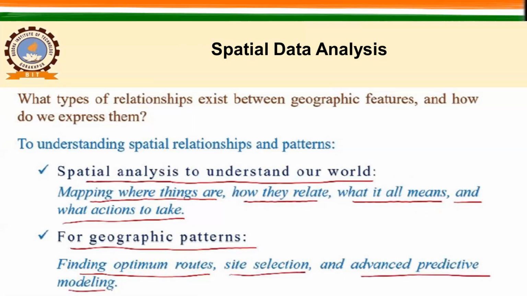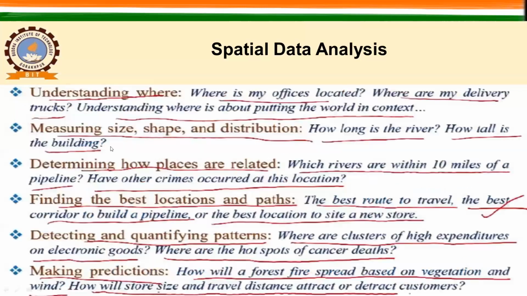Let us understand what things we can do. The first one is understanding where. Where is my office located? Nowadays, it is very easy with Google Earth or Google Map.